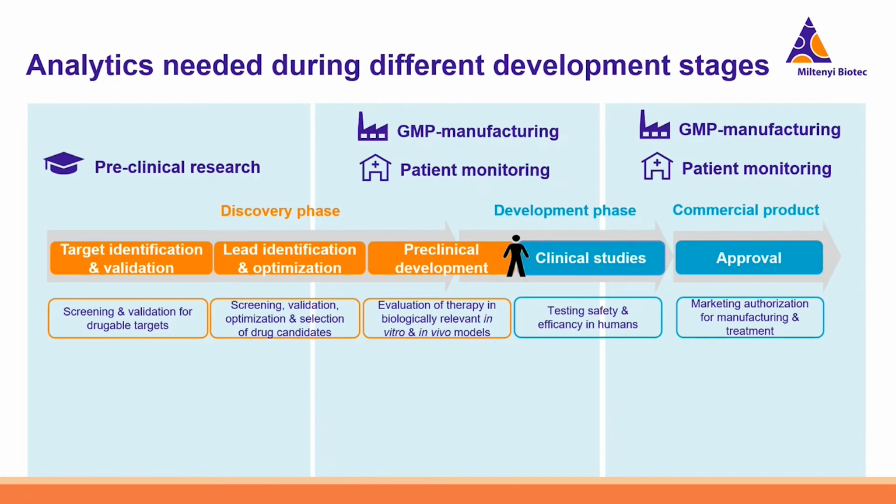As already mentioned, analytics are really needed in all different phases. I think this graph we have also already seen in the first part. We have different phases that hopefully lead to a commercial product. We start with a discovery phase with target identification, validation, then lead identification, the preclinical development, hopefully leading to clinical studies, and then hopefully at some point to commercial products on the market.